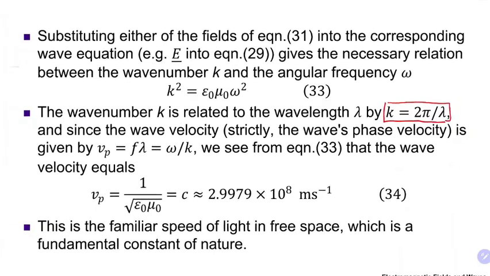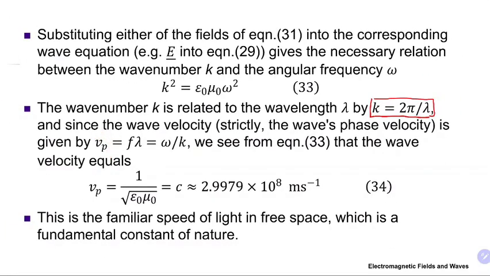And then another important parameter is the velocity, the phase velocity of the wave, and that is equal to omega over k. k is the wave number that we defined just now. We know that omega is equal to 2 pi f. And then if we substitute omega in this equation with k here, we end up with the phase velocity of a plane wave in free space equal to 1 over square root of epsilon naught mu naught.